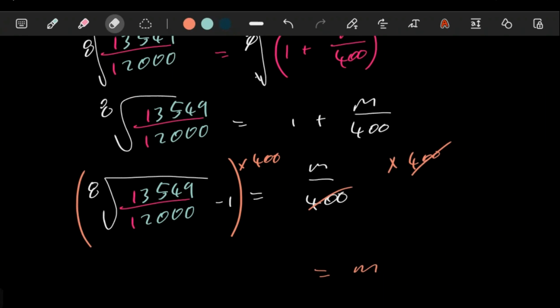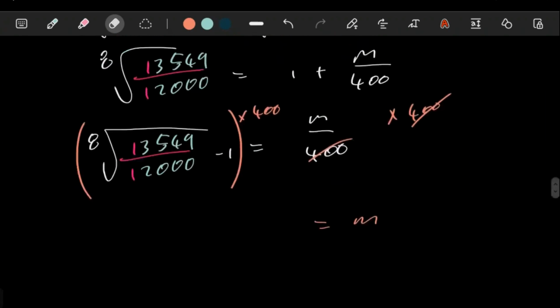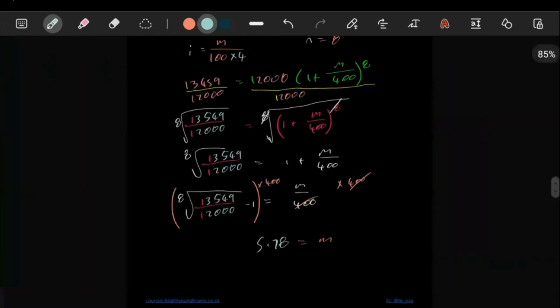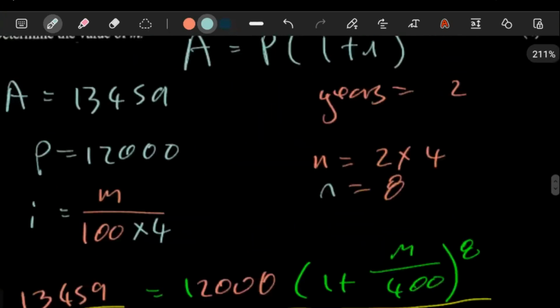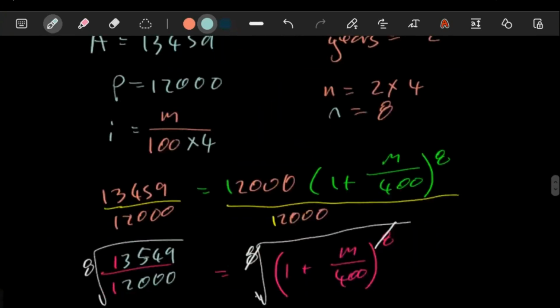So that's giving you 5.78. That's your value of m. So if you test it, you can just put 5.78 there and see if it's giving you 13,459.